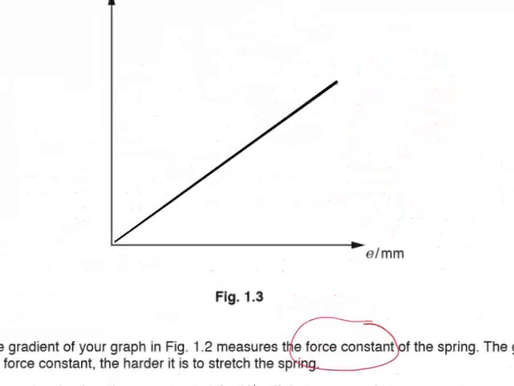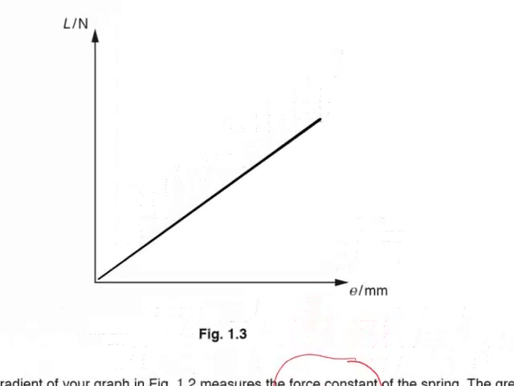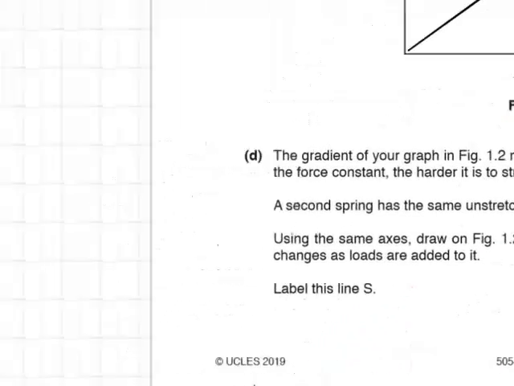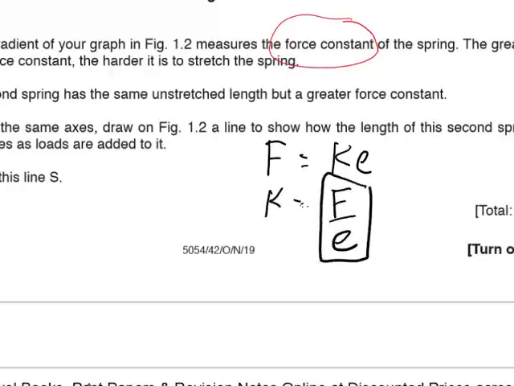Now, when you draw S, it says that it has a greater spring constant. If you use the formula F is equal to KE, K is the spring constant, so K will give you F over E, so this will be the gradient.